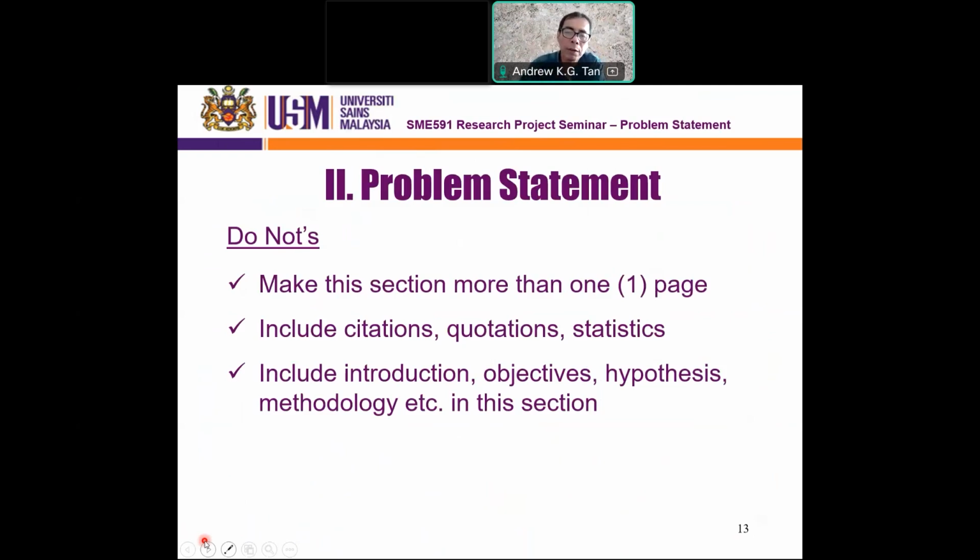What you're going to do to solve the problem is objective, separate section. How you're going to solve the objective is methodology, separate section again. I hope I make this very clear already. That's why the problem statement should be short and sweet, because you don't want to dilute it with introduction, objective, methodology, hypothesis in the problem statement.